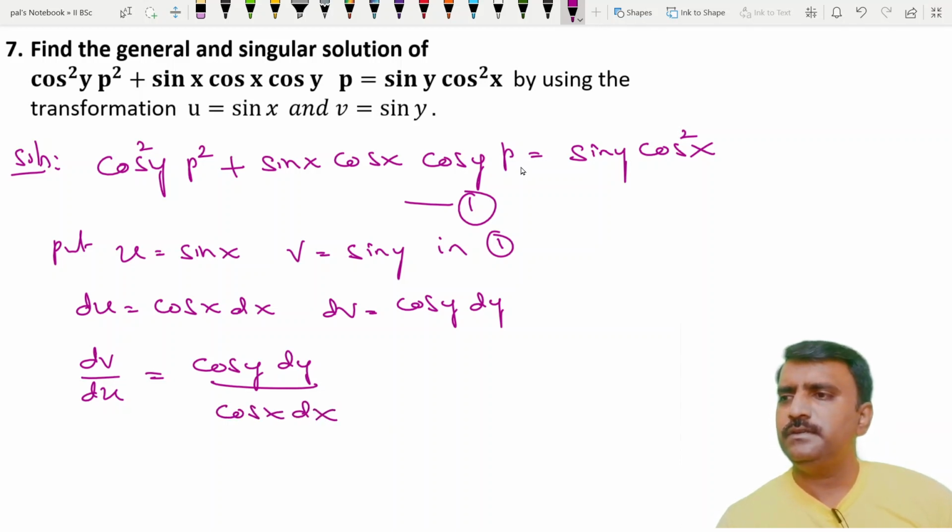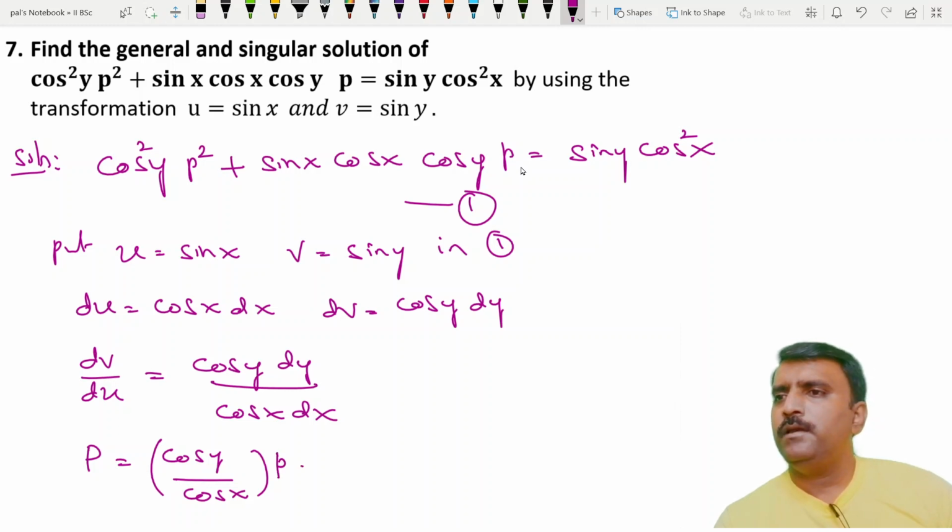Now you take this capital P is equal to cos y by cos x into this small p. Okay, so cos y by cos x into p.